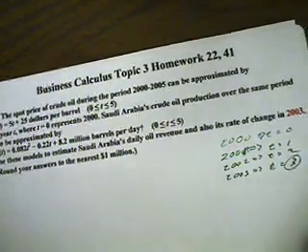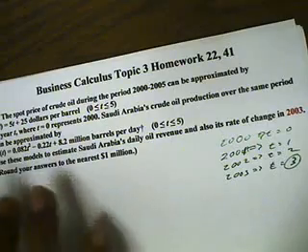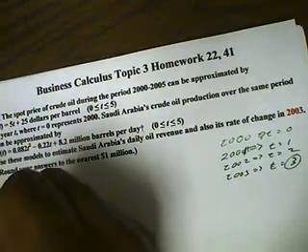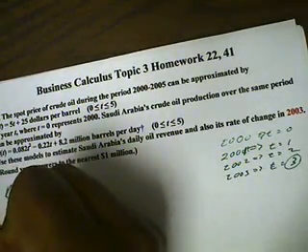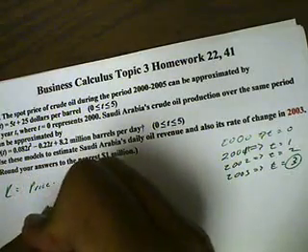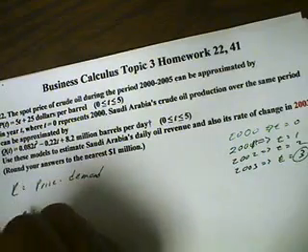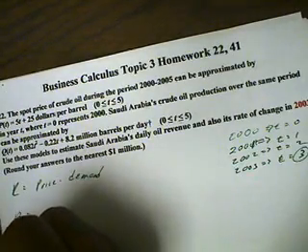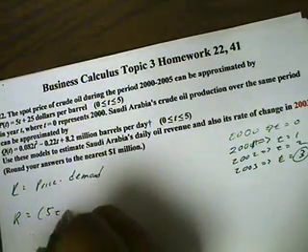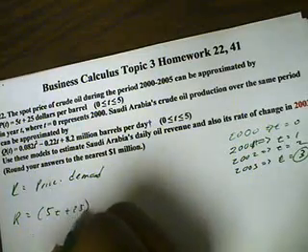Now, let's go back and find the revenue. Revenue is made from price times demand. Our price function is 5t plus 25.